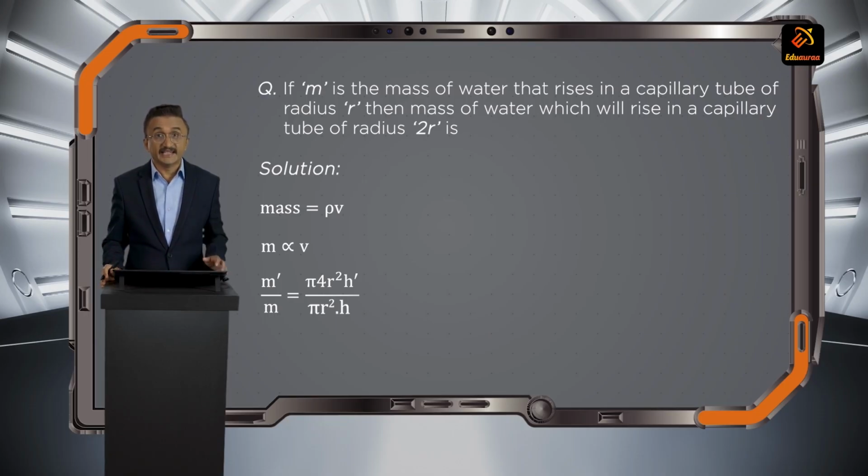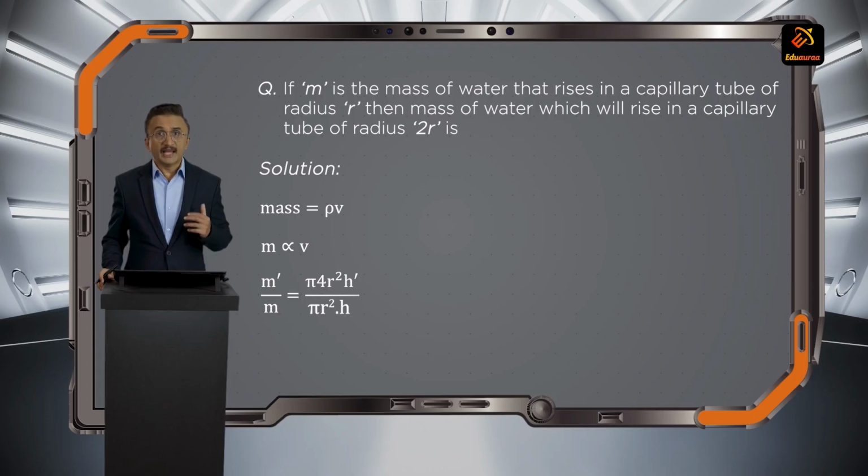In the second case, the area is pi r square, but r is 2r, so it is pi into 2r square, which is 4 r square into h dash, upon, in the first case, pi r square into h, where h is the height in the first case.